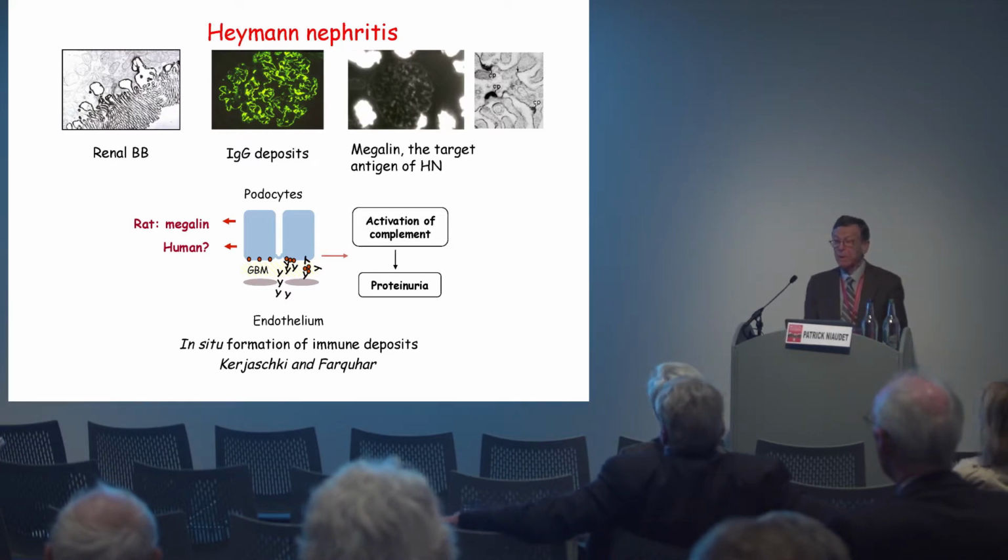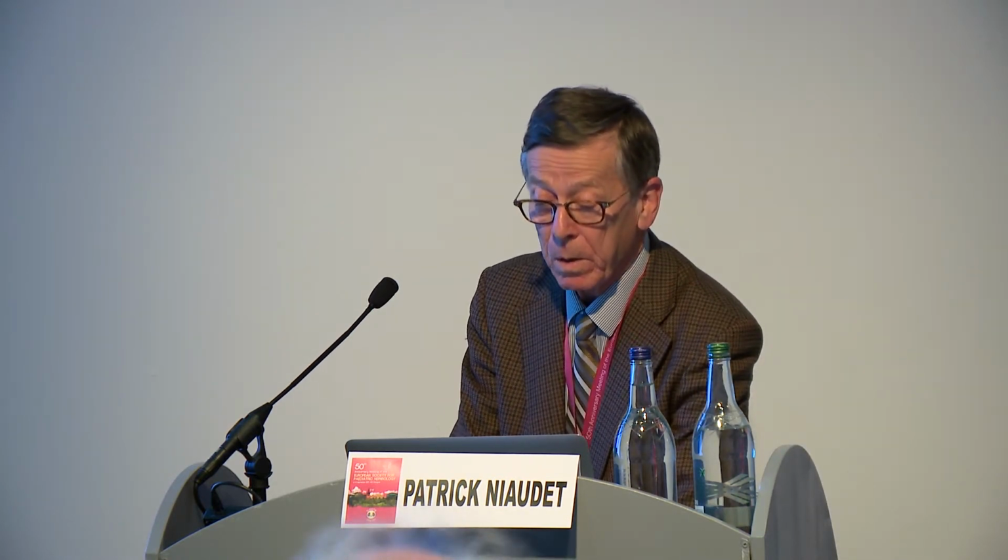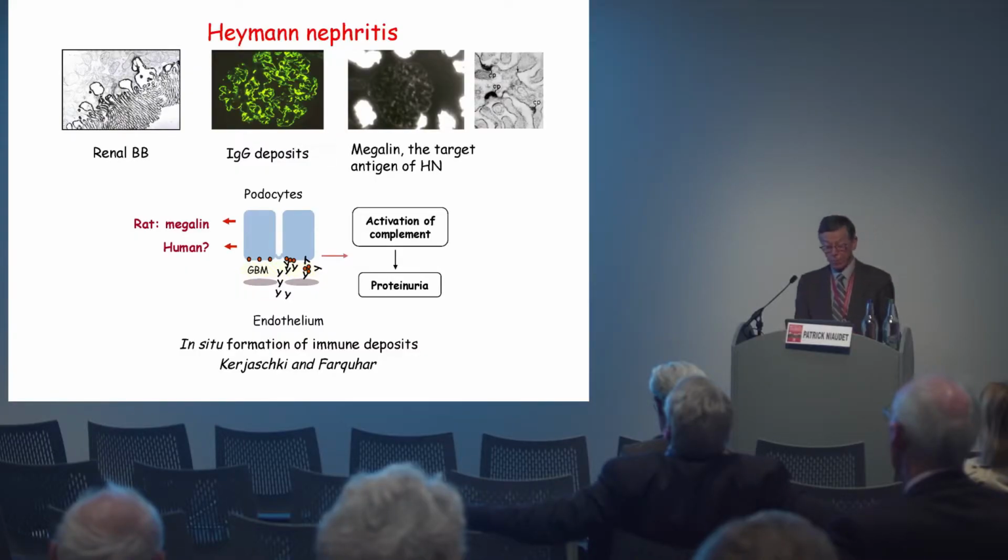Heymann nephritis was described a long time ago in 1959, when Heymann described the occurrence of subepithelial deposits in rats who were immunized with fraction of the brush border of the proximal tubules, but not with glomerular extracts.